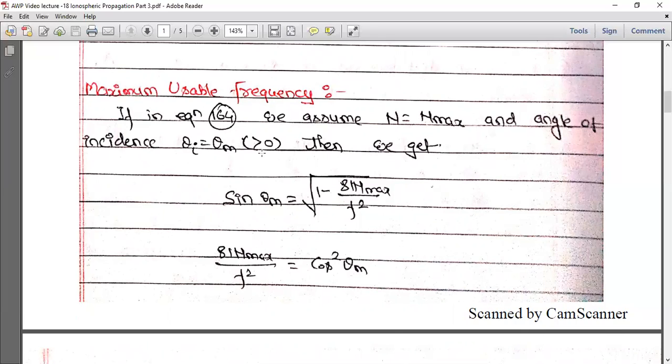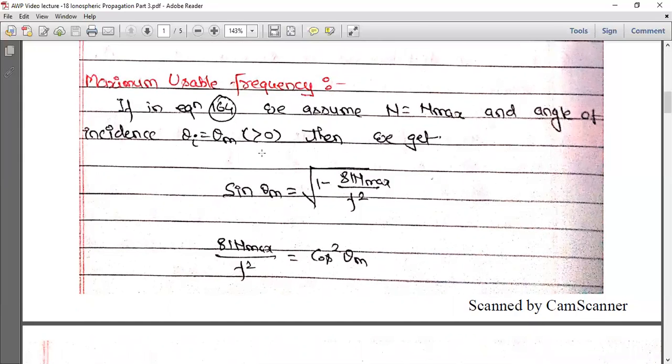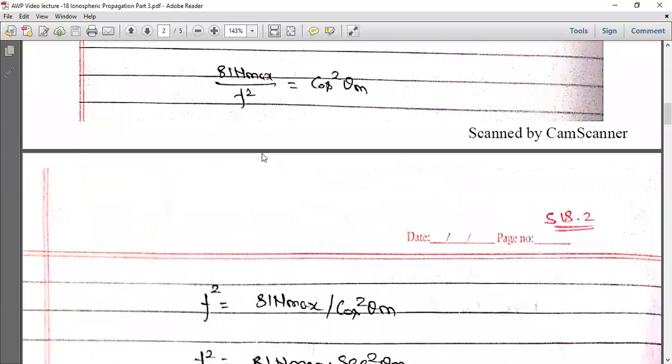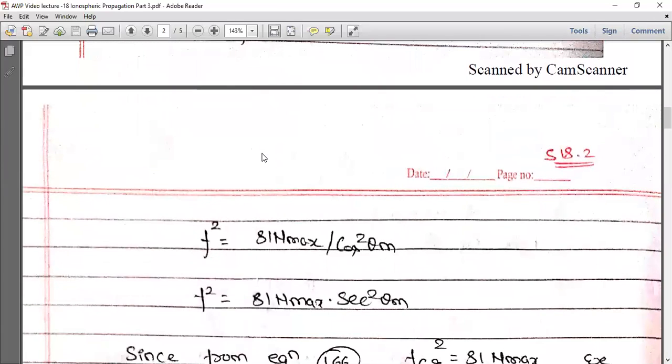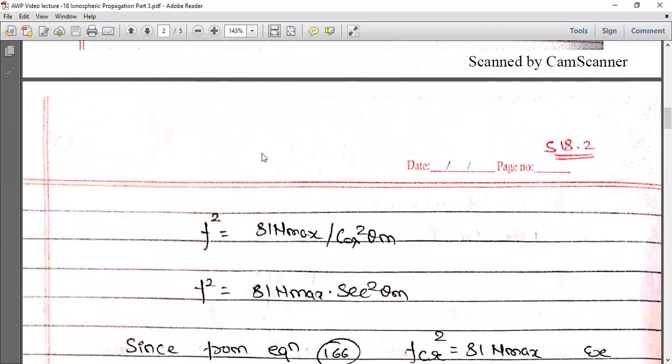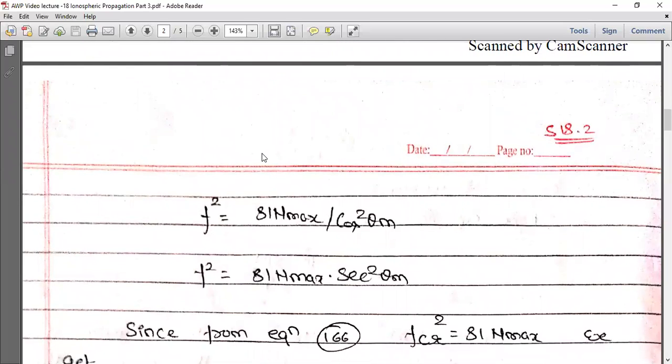When you square both sides, 81 N max upon f squared from the right-hand side goes to the left, and sin squared θm goes to the right. 1 minus sin squared θm becomes cos squared θm. Subsequently, when you perform the manipulation, you find that f squared equals 81 N max upon cos squared θ, or f squared equals 81 N max into sec squared θ.